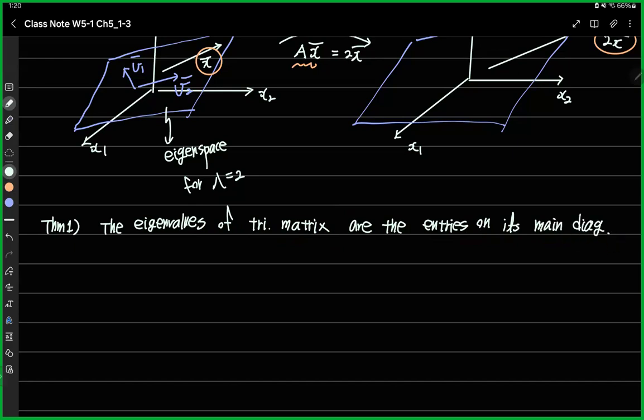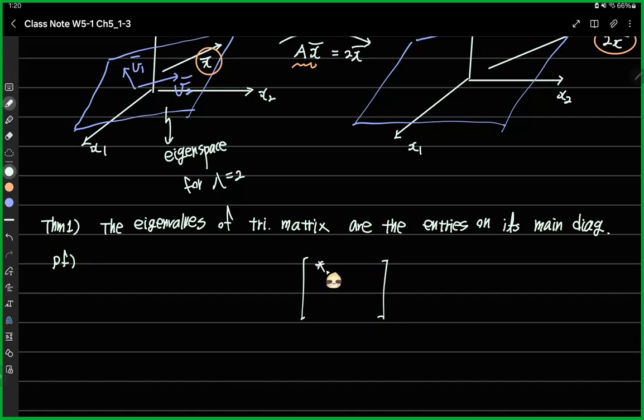So the eigenvalues of a triangular matrix are the entries on its main diagonal. Let me prove it. What does that mean? What's a triangular matrix? There are 2 types of triangular matrix, right? Upper triangular matrix, lower triangular matrix. Let's pick one of them without loss of generality.